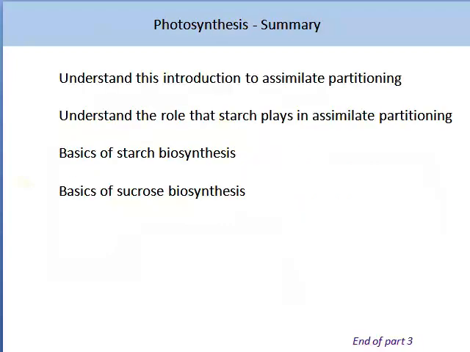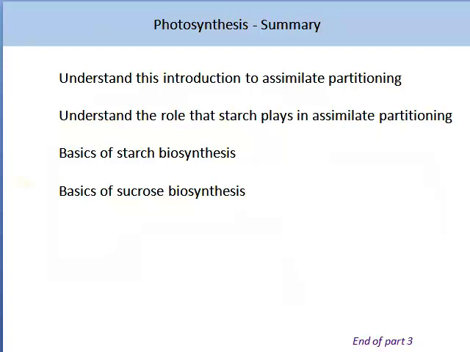That concludes part 3 of photosynthesis, the carbon reactions. I hope that you have understood this introduction to assimilate partitioning. We will deal with this concept further in the tutorials, and we will examine some scientific papers to support our understanding.